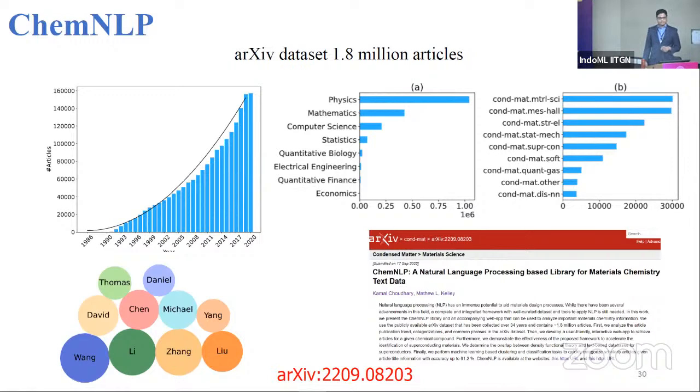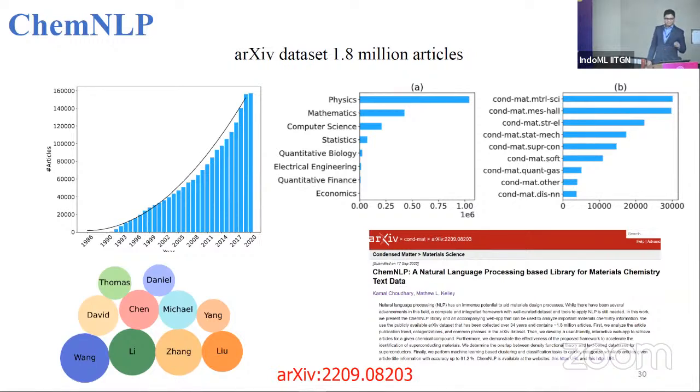It's an open access data set, about 2 million articles, and it has been collected over 34 years. You can see this is a huge blow up, and there are different fields in arXiv: physics, mathematics, computer science. And especially for physics, there are about 9 branches, like materials science, mesoscale, semiconductors, strongly correlated electrons, mechanical science, superconductors, soft materials, and so on.